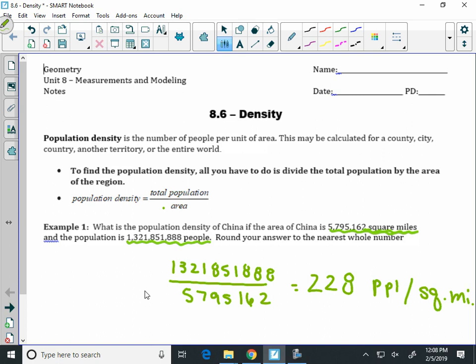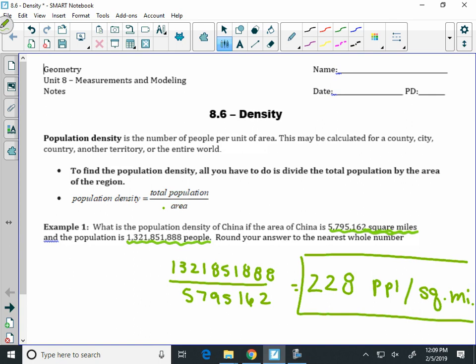That's how I like to abbreviate. Sometimes it's not in miles; it might be kilometers or feet, so be aware of your measurement. Done. That's all you have to do: population divided by area. Questions over that one?